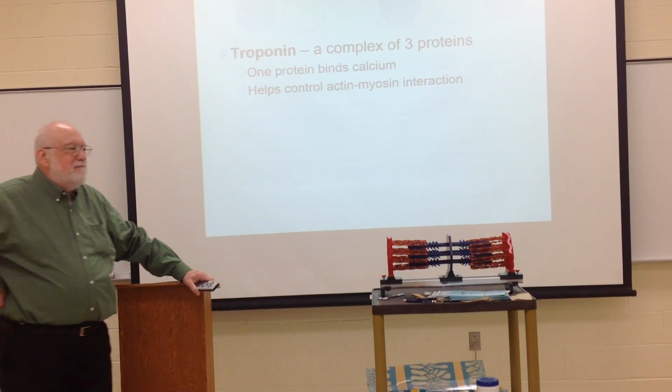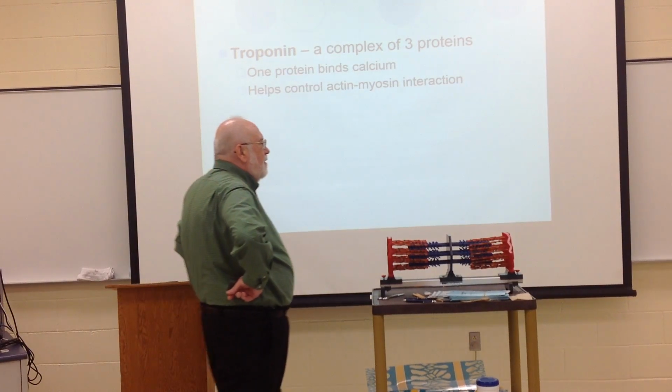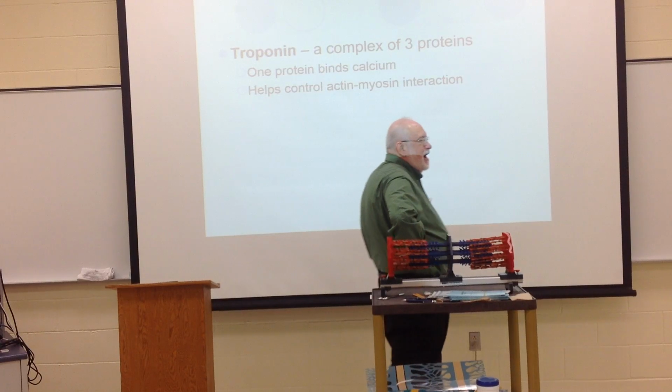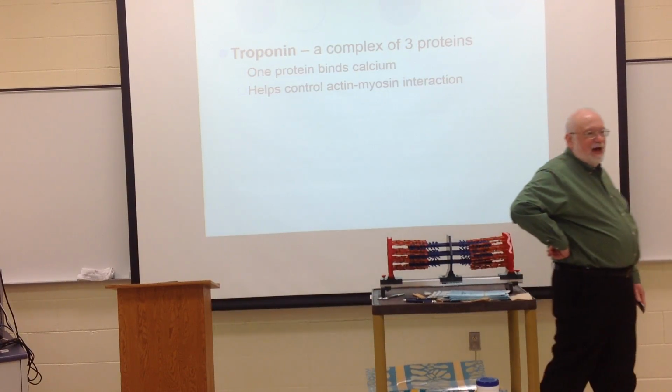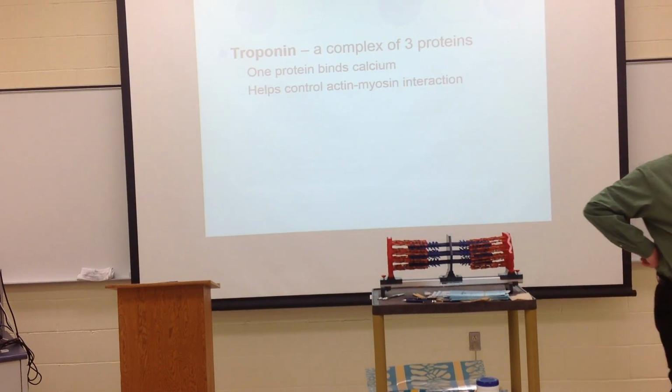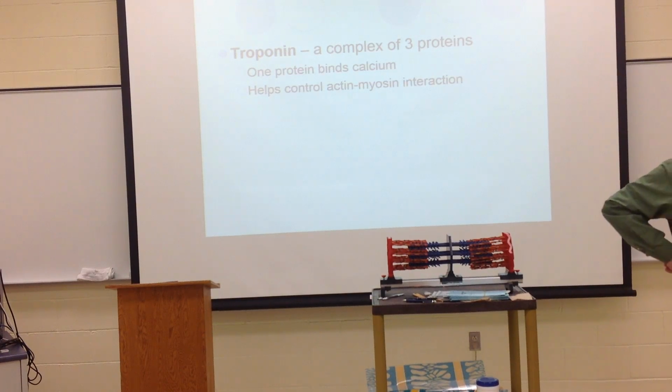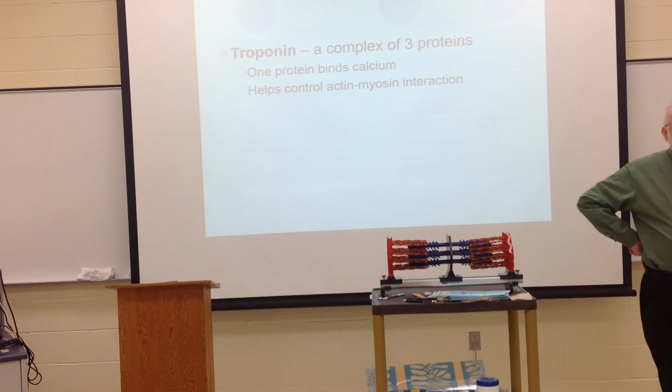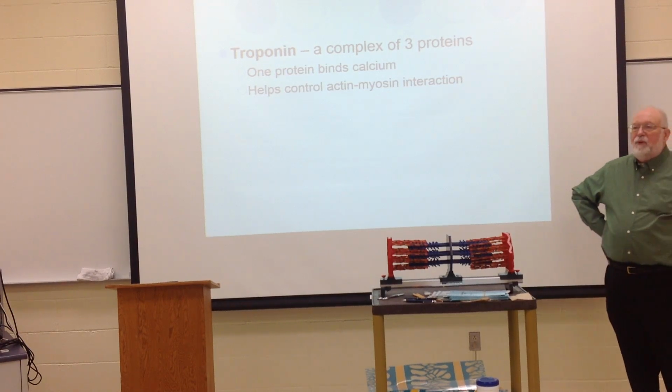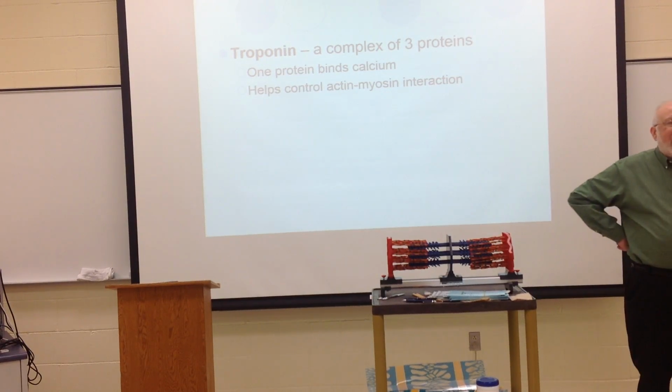Now, if you want to get muscle to relax, what do you think you're going to do with the calcium ions? Get rid of them. All right, so you take the calcium off the troponin, it goes back to its original shape. And as it does, it pulls the tropomyosin back over the myosin binding sites on actin.